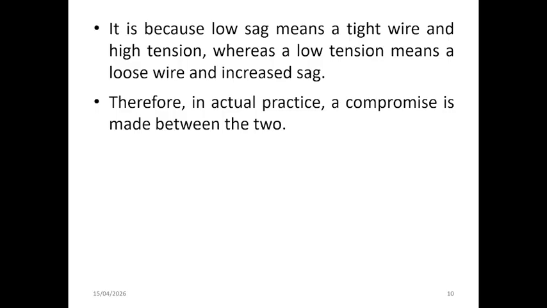On the other hand, if the tension is kept low, the conductor becomes looser and naturally exhibits greater sag due to its weight. So since these two requirements are in direct opposition, it is not possible to achieve both low sag and low tension at the same time.